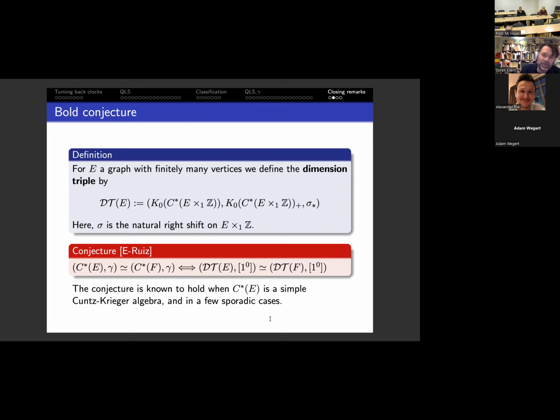Essentially we can prove it, and when I say we, it's essentially an old paper of Bratteli and Kishimoto, that if your E and F define simple Cuntz-Krieger algebras, then it's true. In the more general case where you have ideals or infinite emitters or sinks, I've looked in many places for counterexamples and haven't found any, but the evidence that this is true is fairly thin. Nevertheless, that's my conjecture, and I think it's also Efren's, so I put his name on it.